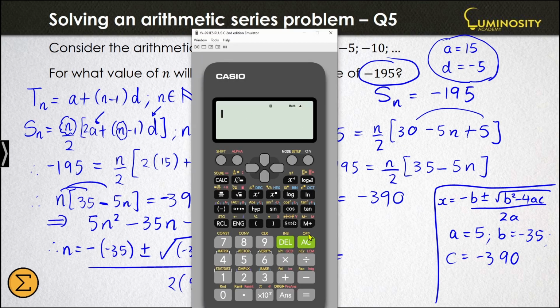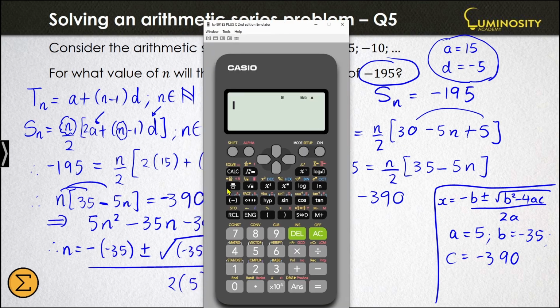So in my calculator, I'm going to have negative 35, which should just be positive 35. Let's do the plus term first. So that's b squared, negative 35 squared, minus 4 times a, which is 5, times c, which is negative 390, all divided by 2 times a, which is 2 times 5.